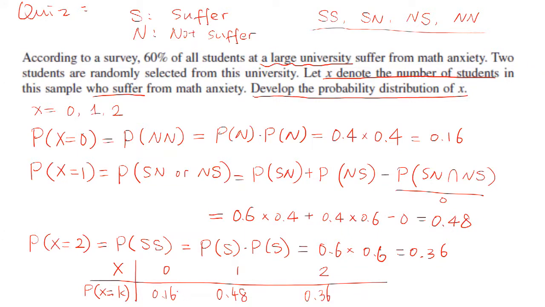Let's validate this. Okay, 0.16 and 0.48 is 0.64, and if we add 0.36, this is 1.0. So the validation passes, right?